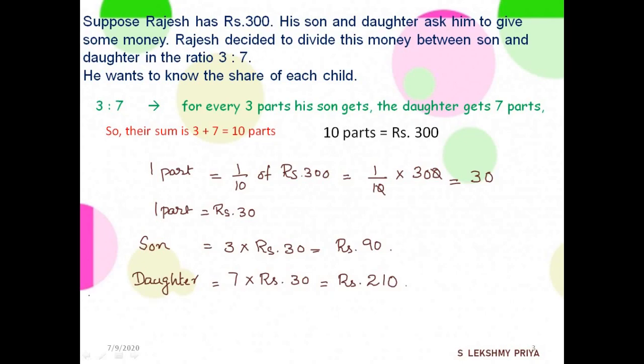The same thing we can do by using a formula that we are going to see. Let's see the steps to find each share when the number to be divided and the ratio are given.